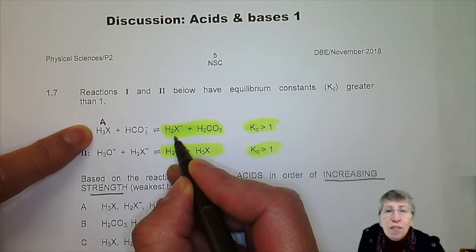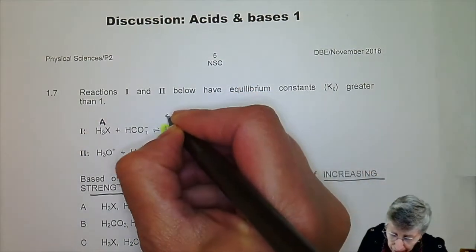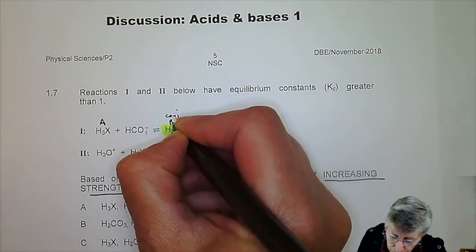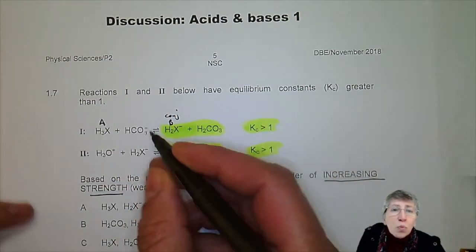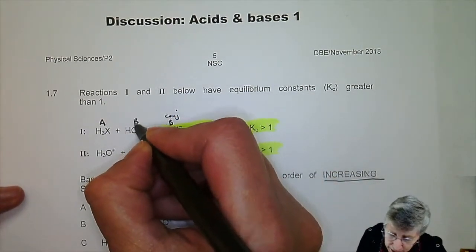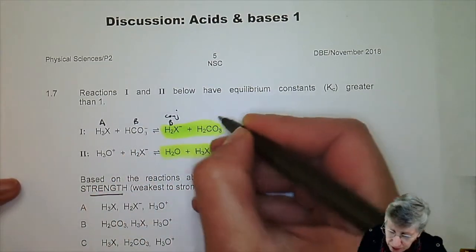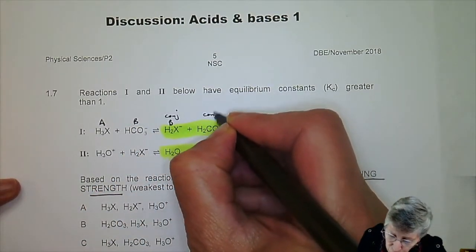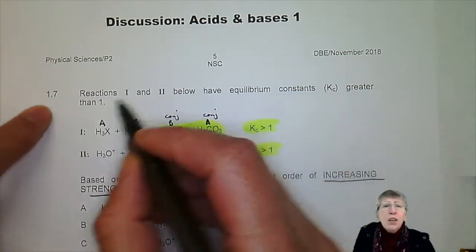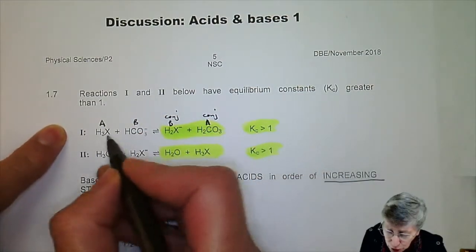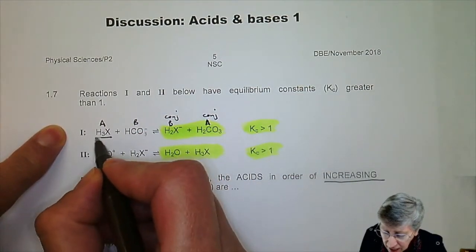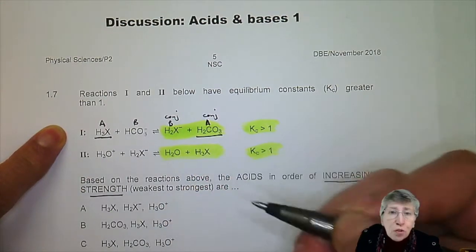That will be what we call the conjugate base. And in this one, that will be your base because it is receiving an H+, and that will be my conjugate acid. So if we consider this first one, you've got two acids: H3X and H2CO3.